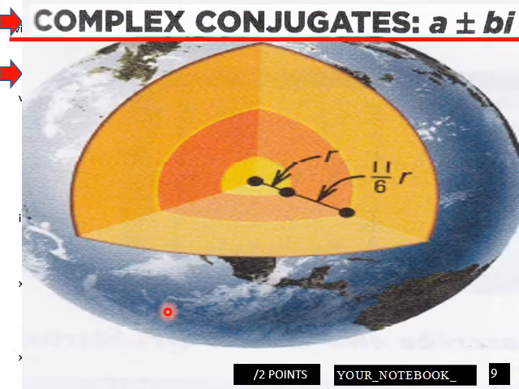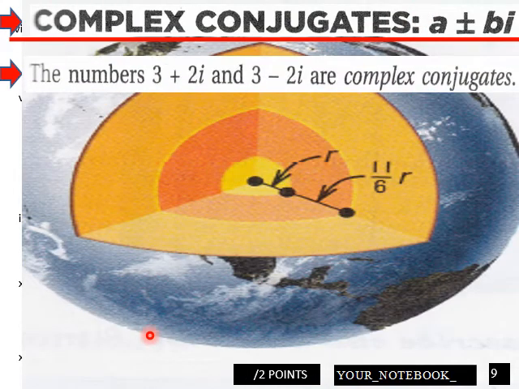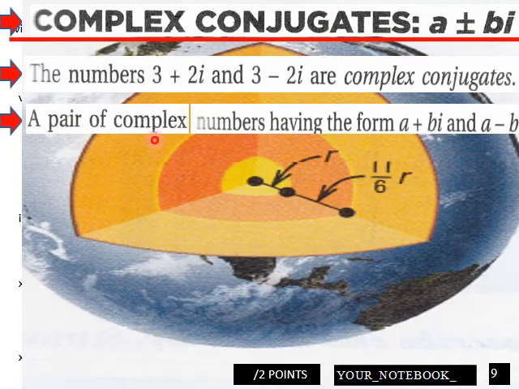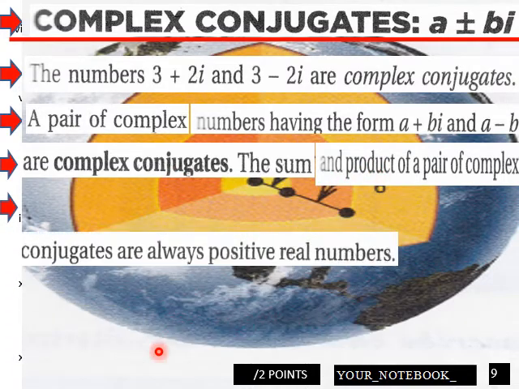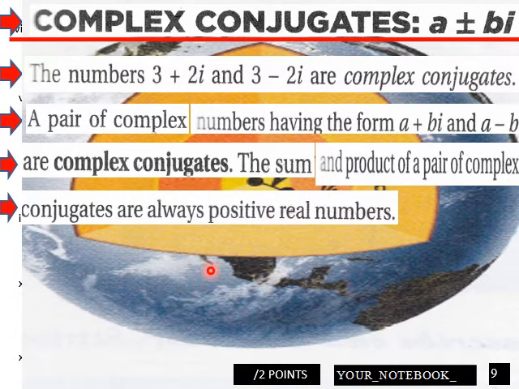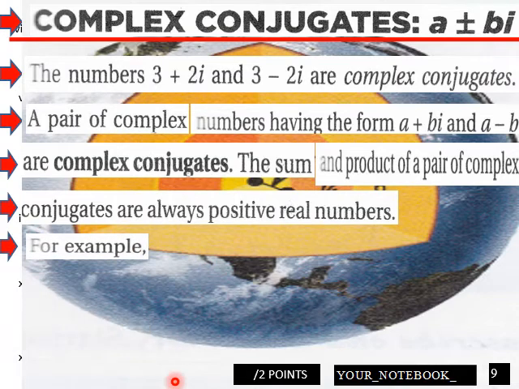So, complex conjugates: a plus or minus bi. The numbers 3 plus 2i and 3 minus 2i are complex conjugates. A pair of complex numbers having the form a plus bi and a minus bi are complex conjugates. The sum and product of a pair of complex conjugates are always real numbers.